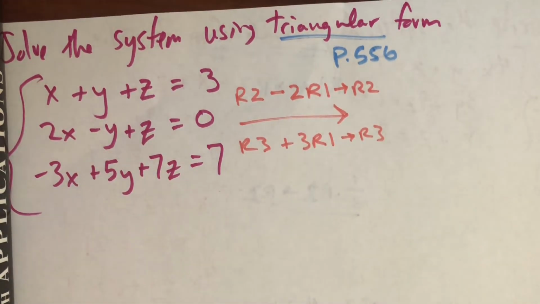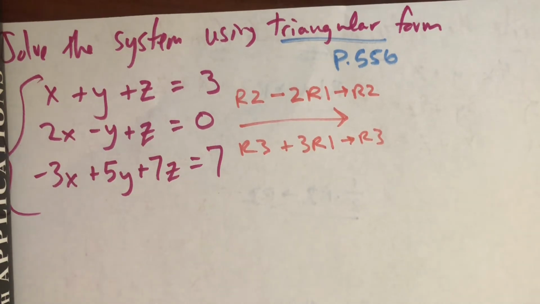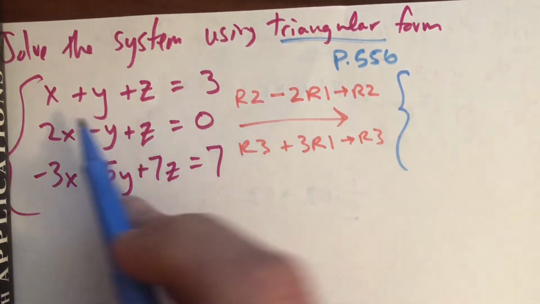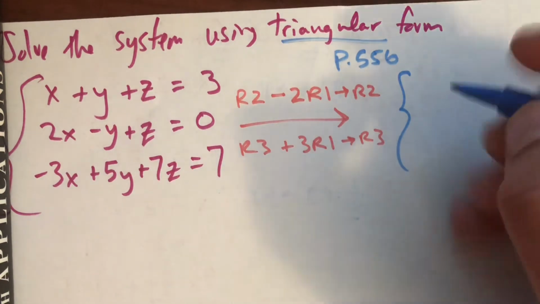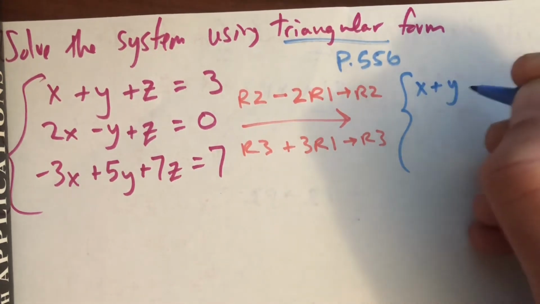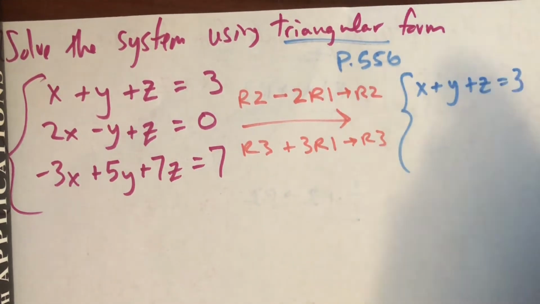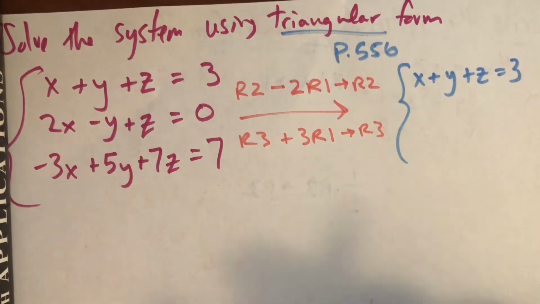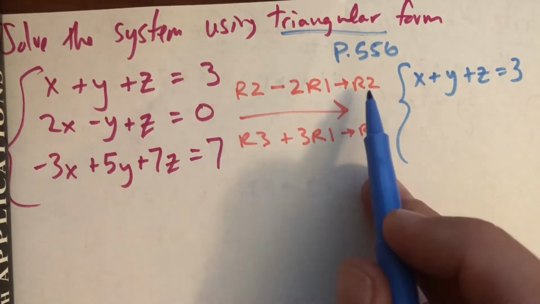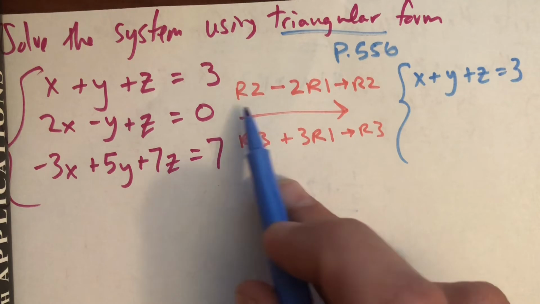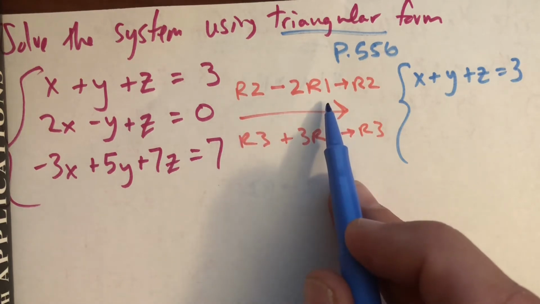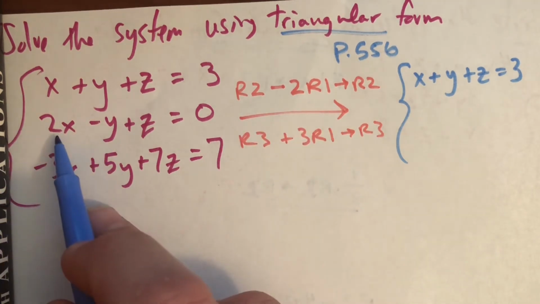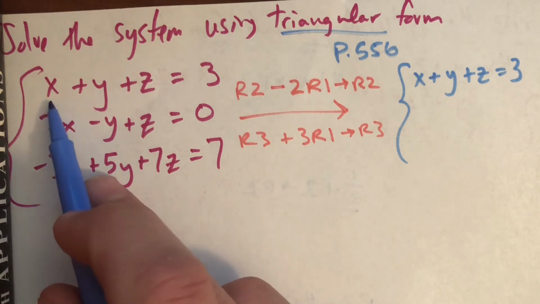So let's do that, and I can write what that is. We're not changing row 1. Row 1's good, so we want to leave that be. So we've got x plus y plus z equals 3. That's great. And then we want to do these things. In place of row 2, we're going to put row 2 minus 2 times row 1. So I'm going to take this one and take off twice of whatever is up here.